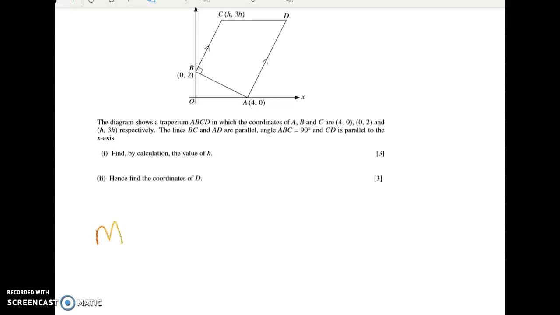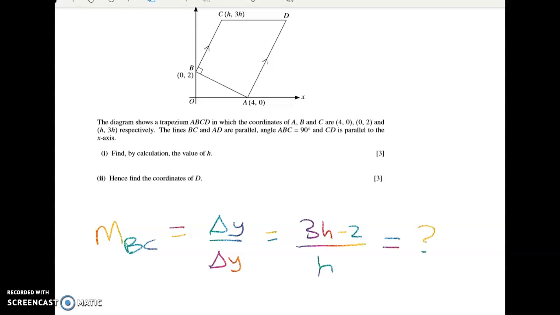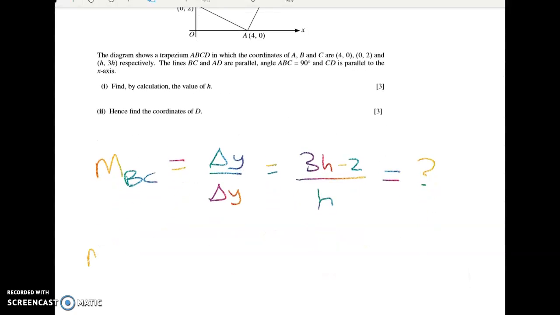So the gradient of BC is going to equal the change in y over the change in x, which is (3h minus 2) over h. And we need to know what that is. Now we know that the gradient of AB, that should say x, is equal to the change in y over the change in x.